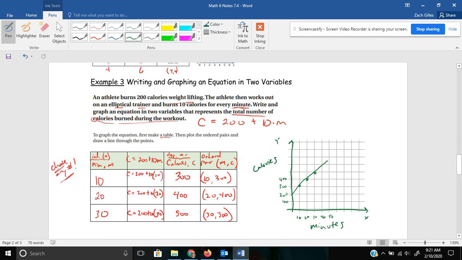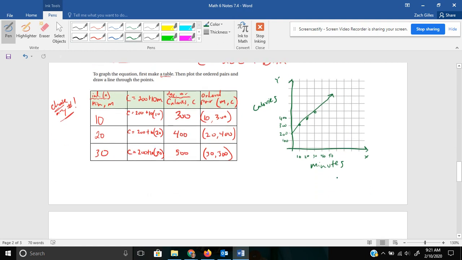Try to make it as neat as possible on this sketch pad. And now I'm graphed. I'm complete. I'm finished. I've got a table and I've got a graph. And now I've taken this real life problem and I can visually see what happens as I work out more. The more minutes I work out, the more calories I burn, which makes pretty good sense.